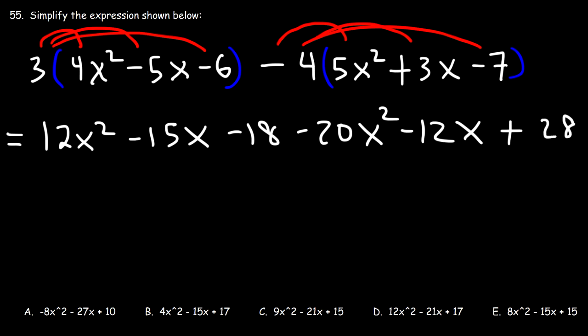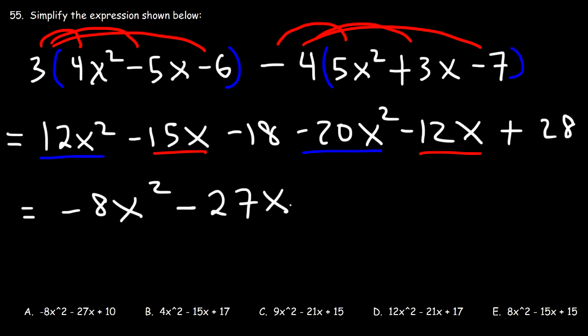So now we need to combine like terms. 12x squared minus 20x squared, that's going to be -8x squared. And then -15x plus -12x, that's -27x. And finally, -18 plus 28, or 28 minus 18, that's going to be +10.